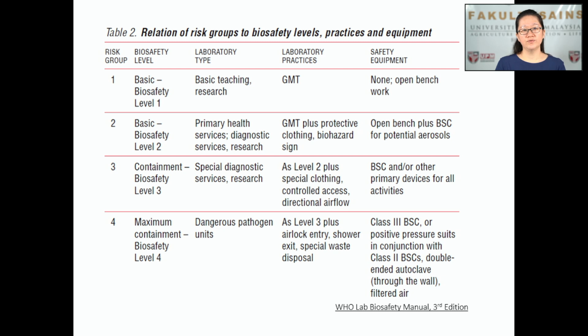Biosafety level 2 is suitable for primary health services and also diagnostic services and research. Biosafety level 3 is suitable for research where specific diagnostic services and also research are required. And last but not least, biosafety level 4 with maximum containment. This type of lab is suitable to handle dangerous pathogens and units.